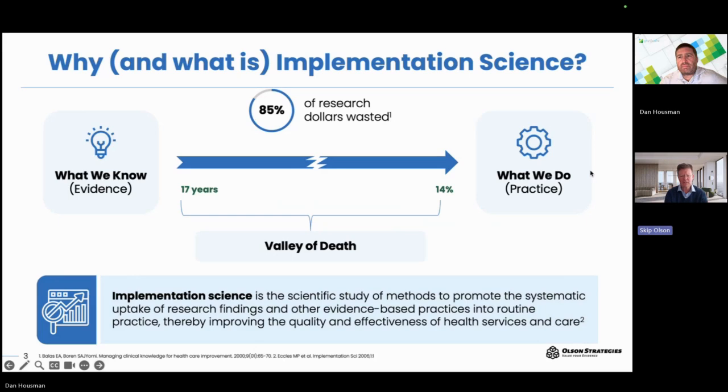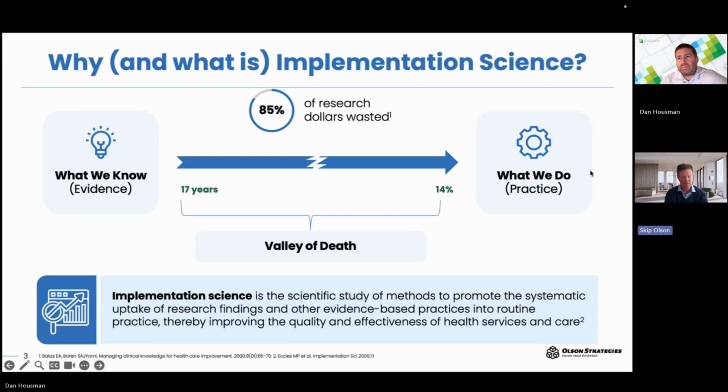This is a little bit different, okay? But it's there for solving a different issue. It's there for solving this implementation gap, for addressing the implementation barriers. So it's a different tool, it's a different tactic, but it's something that shouldn't be ignored, because if you do ignore it, you end up with this implementation gap, which could end up with a lot of money being left on the table.